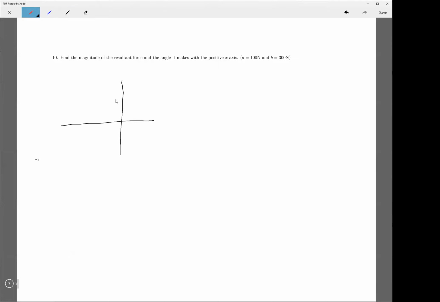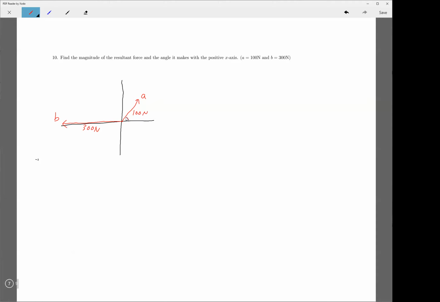You have two vectors. You have A right there, and then you have B going back that way. B has a magnitude of 300 newtons, and A has a magnitude of 100 newtons.